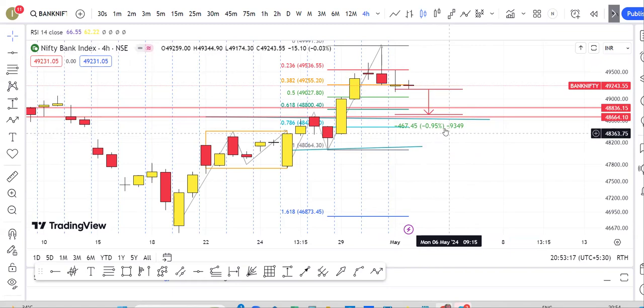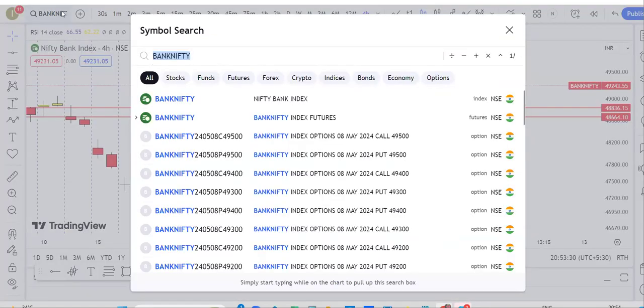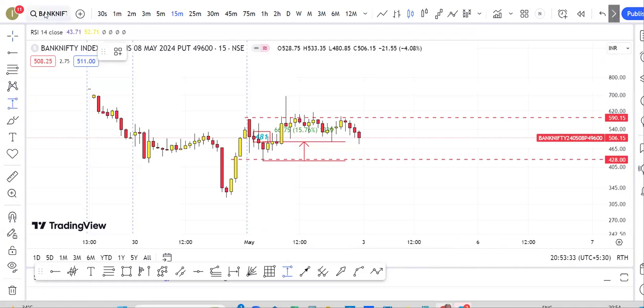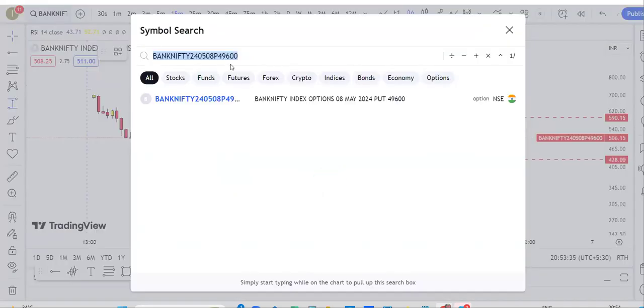Suppose, for example, 48,800 call option. Okay, let me go there. You can prepare like this.